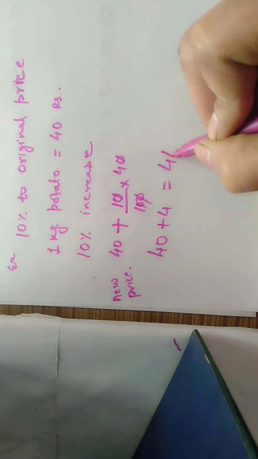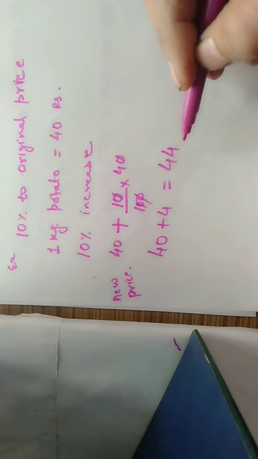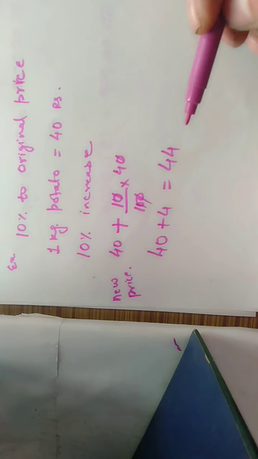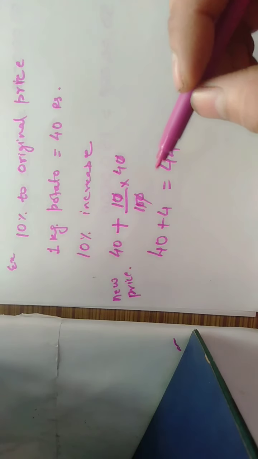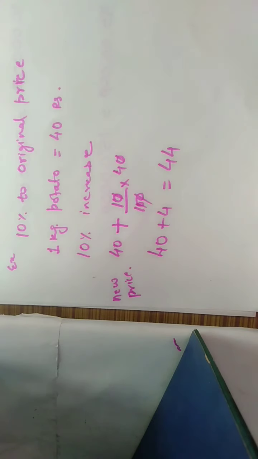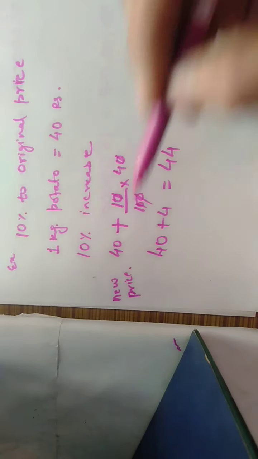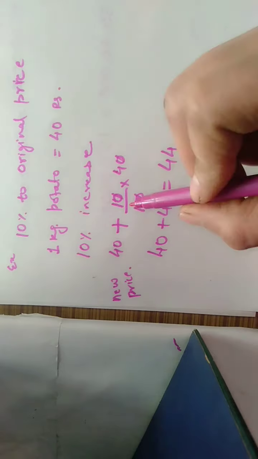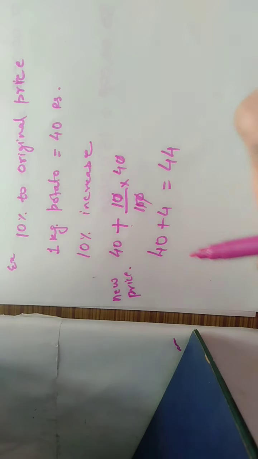If the price increases 10%, then the new price of the potato will be 44 rupees. This is how we calculate the increase in values. When the price or something increases, we add, and when there is a reduction, we subtract.